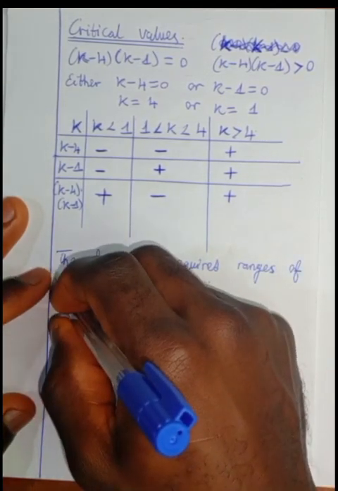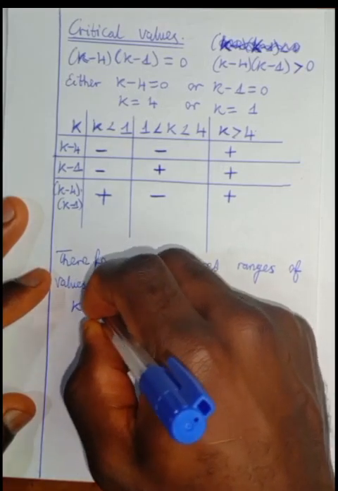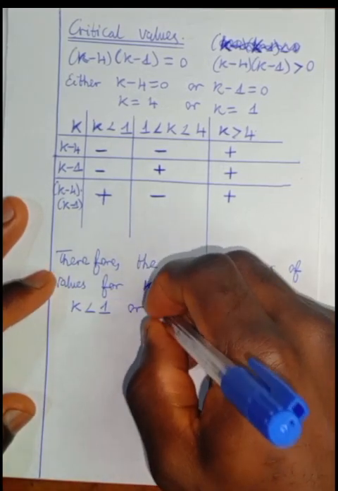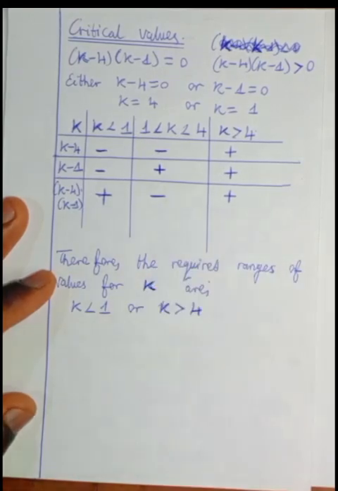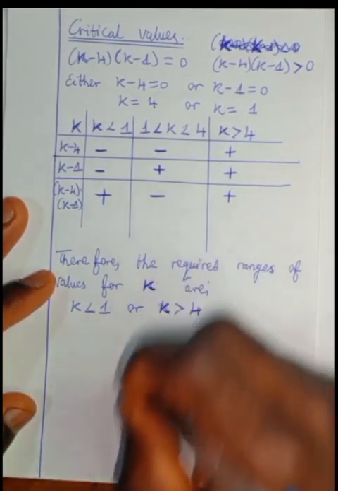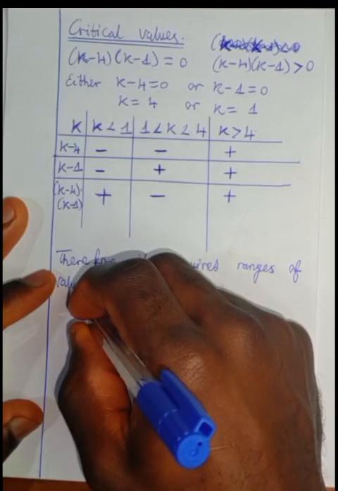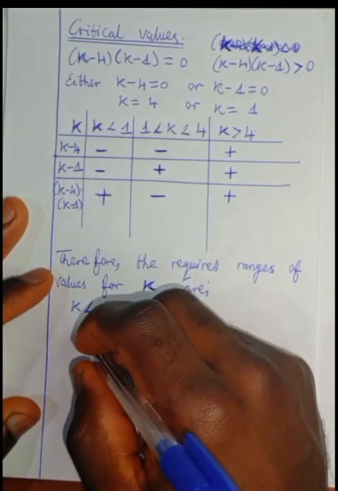We have k less than 1 or k greater than 4, which mathematically we are going to write as a set.